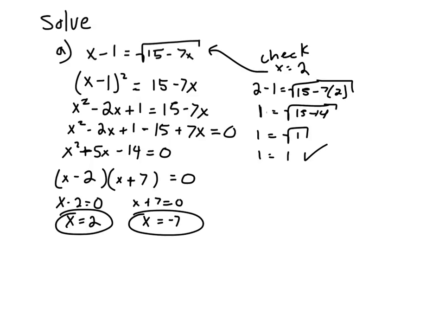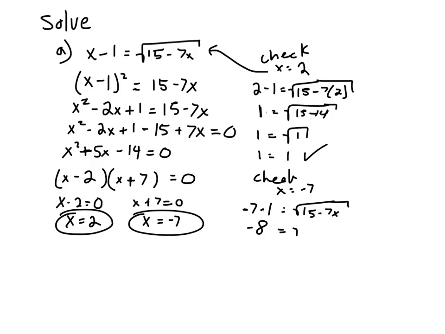Alright, and now let's do the check for x equals negative 7. So I'll have negative 7 minus 1 equals the square root of 15 minus 7x.